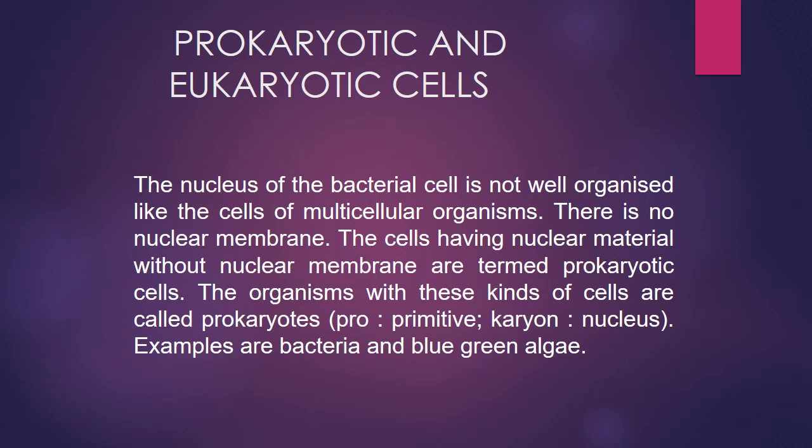Examples of eukaryotic cells are all the cells except bacteria and blue-green algae. All the higher plants and animals come under the category of eukaryotic cells. As the name suggests, prokaryotic: pro means very primitive, very old types, and karyon means the nucleus. That means the nucleus is not very well developed in case of prokaryotic cells.